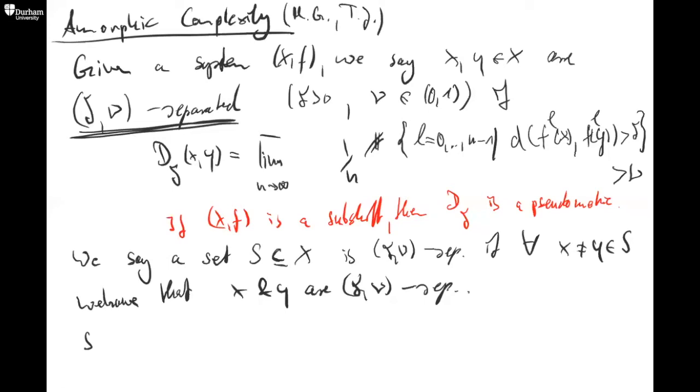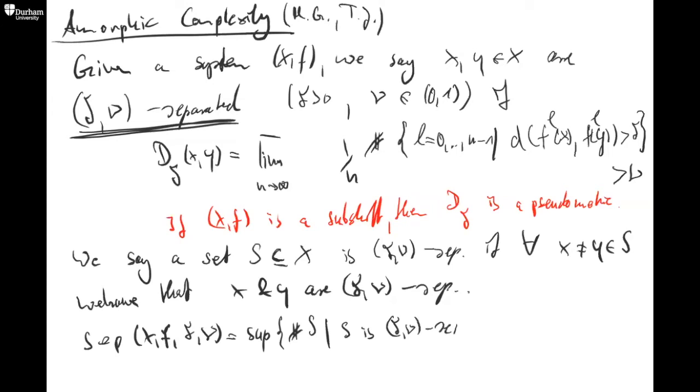Okay, so then we introduce the number Sep of (X, f, delta, nu) to be the supremum over the cardinalities of all these separated sets. So the supremum of the cardinality of S, where S is delta-nu separated.